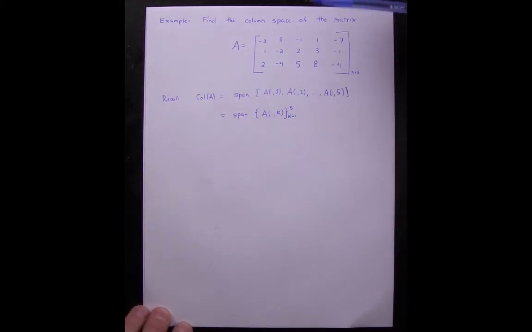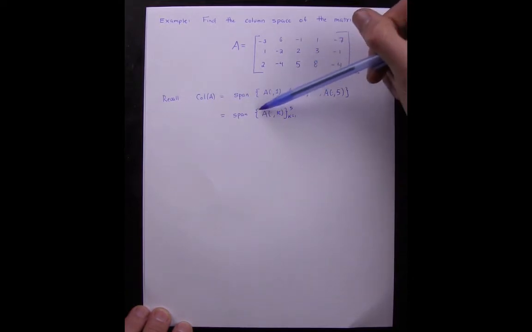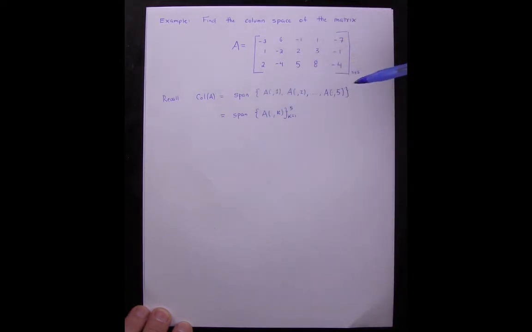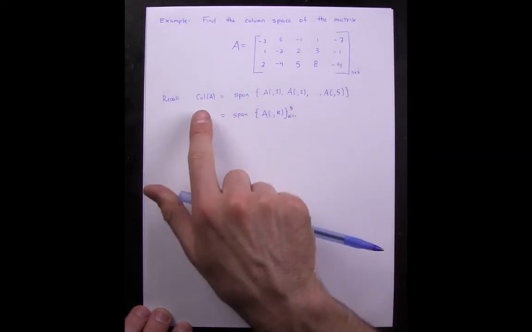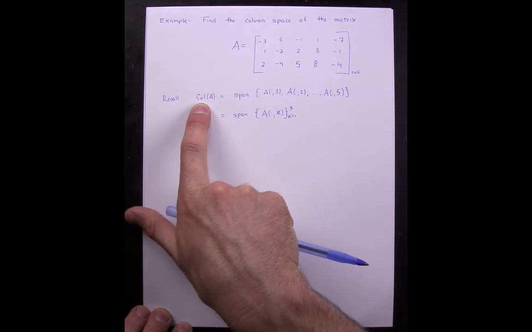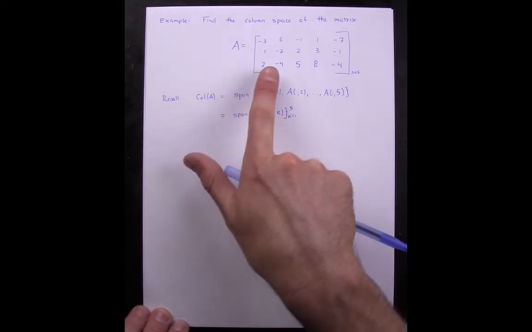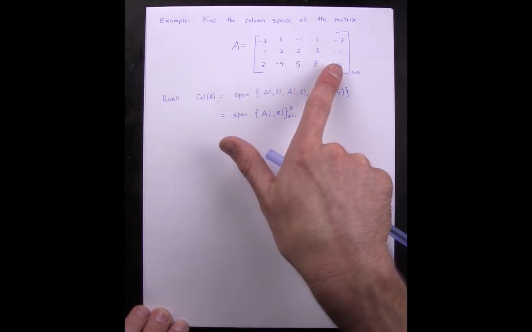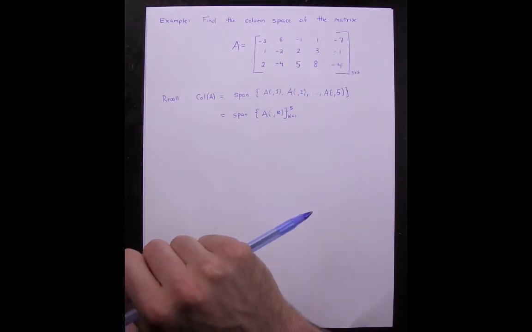One of the most interesting properties of the column space is that we don't need all 5 columns to capture all of this information. In particular, only the linearly independent columns of A produce the unique information we need in the column space. The linearly dependent columns don't add any new information.